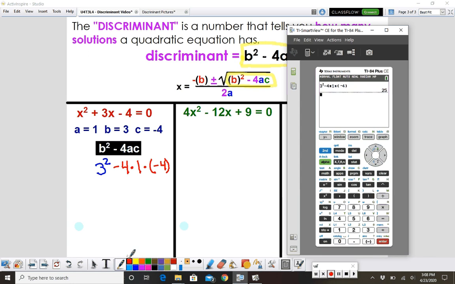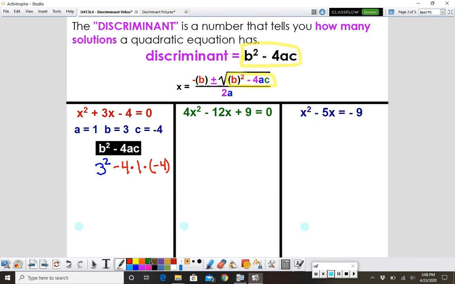And what we find is our discriminant here is 25. Now 25 is a positive number. All we care about is whether this number is positive, negative, or equals 0. And since it's a positive number, that means that this quadratic equation would have two solutions.